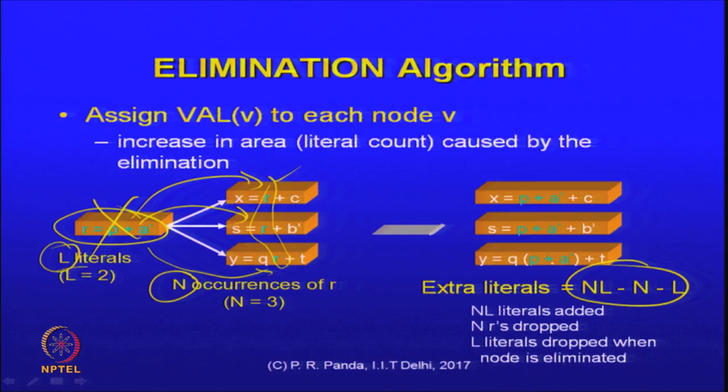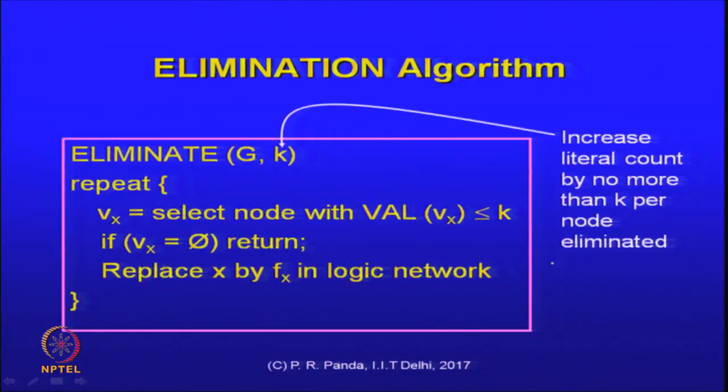So, extra literals are these that would have to be compared with how much we are allowed to expand it by, which could be an input to the elimination algorithm. This is my graph G, and K is the increase in literal count that we can tolerate per node that is eliminated, but it could be in general a percentage or something like that.